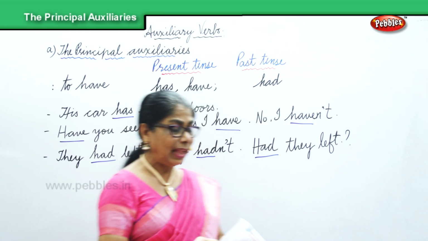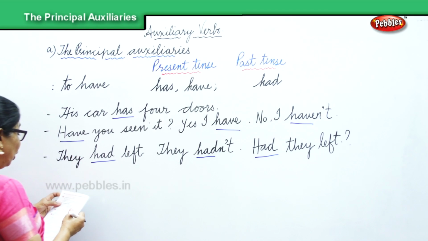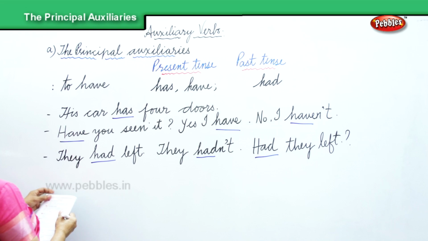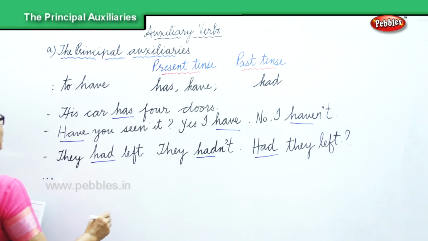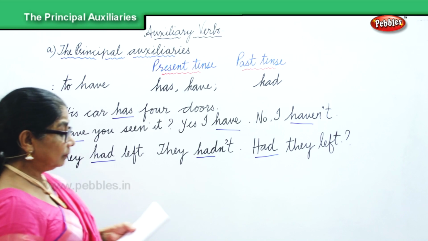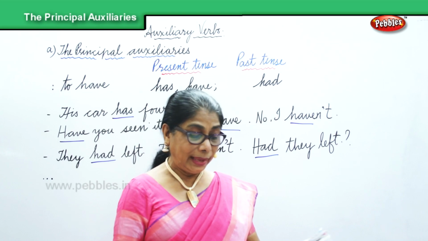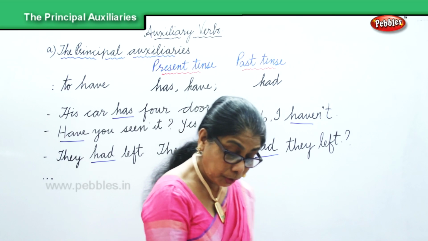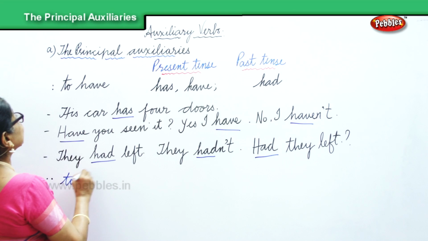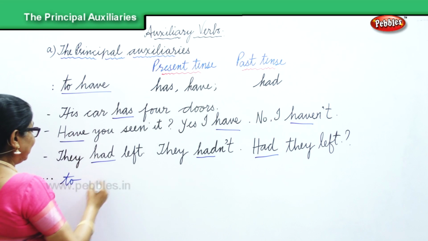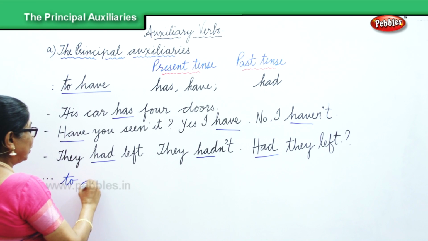And in the third category, we have do, does, and did. We are talking about "to do" verbs. We did "to have", now we are going to do "to do" verbs.